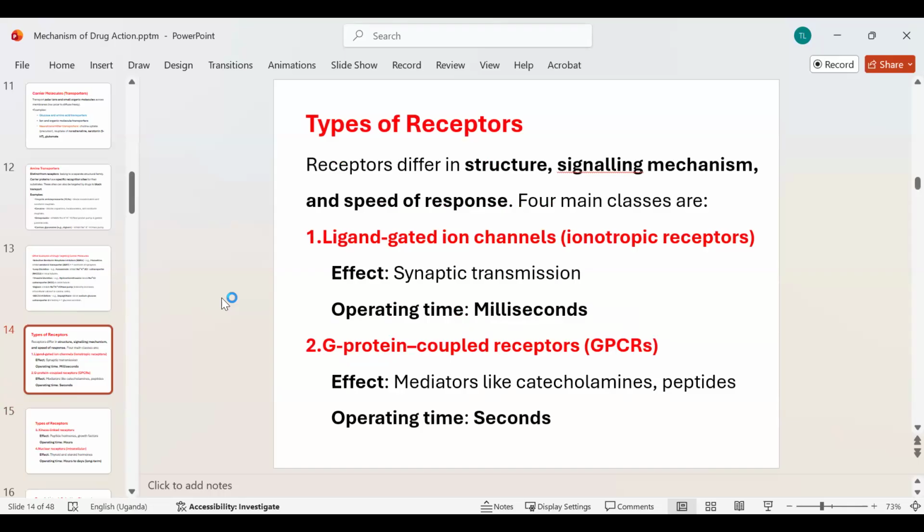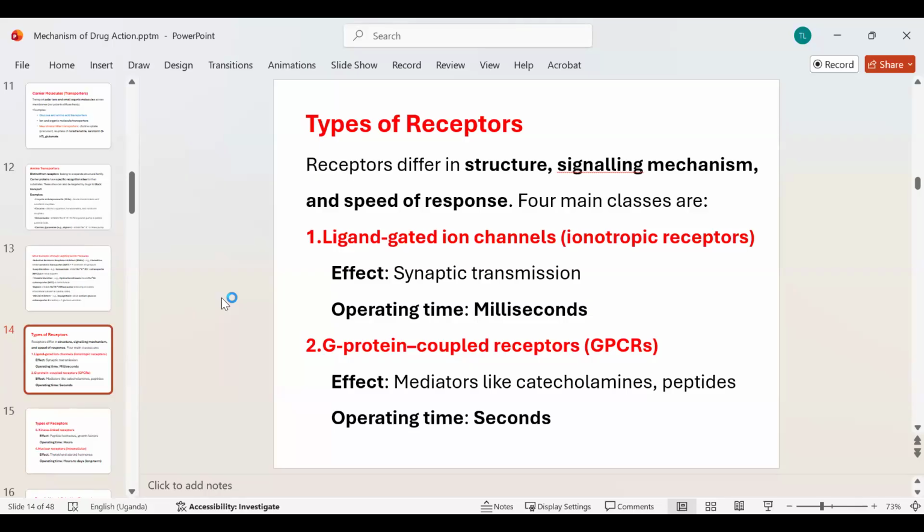Ligand-gated ion channels, we've talked about them when we were discussing proteins. A ligand comes and binds to it, and then it opens up the channel. Once the channel opens, ions enter.